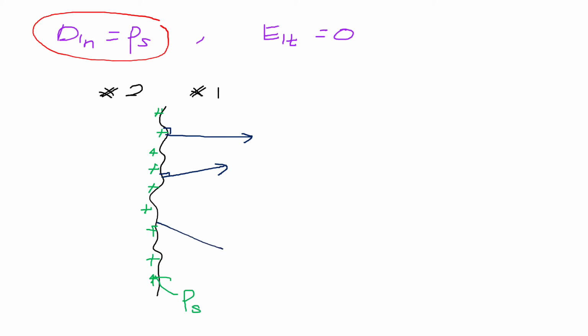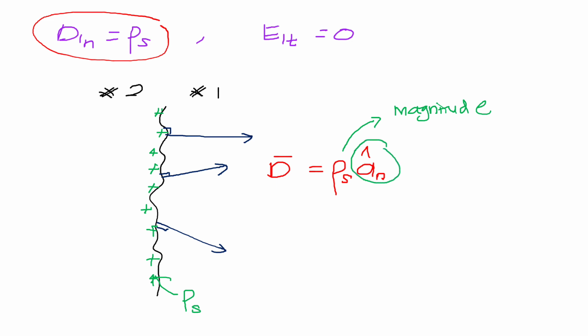This can be written as vector D equal to rho s times a unit vector, where rho s is the magnitude, based on the surface charge density only, while the unit vector is normal to the boundary, and D here is the electric flux density in free space.